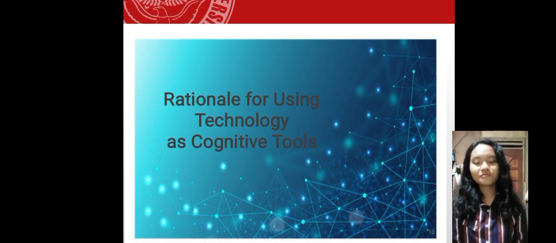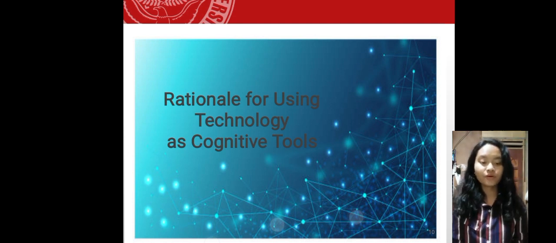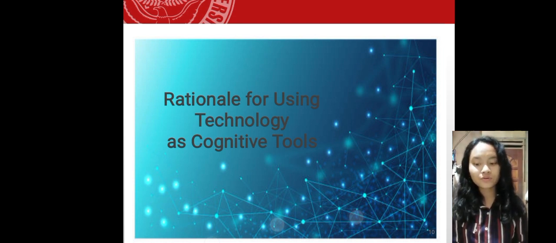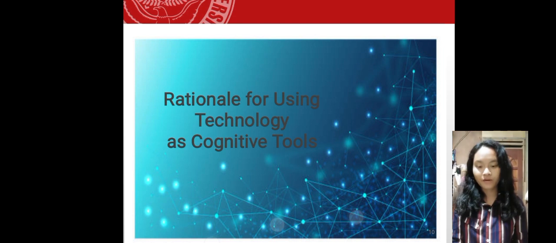It is also a set of reasons or a logical basis for a course of action or a particular belief. Basically, the phrase technology as cognitive tools simply implies the computer-based applications that are normally used as productivity software.